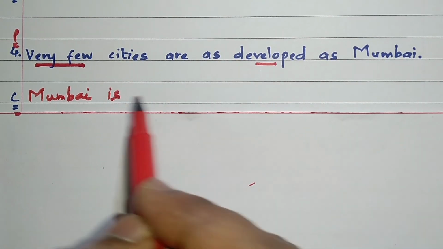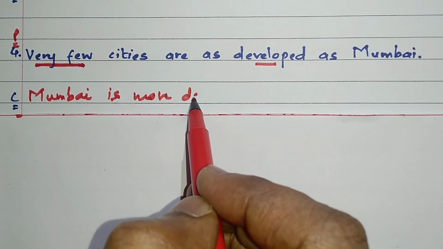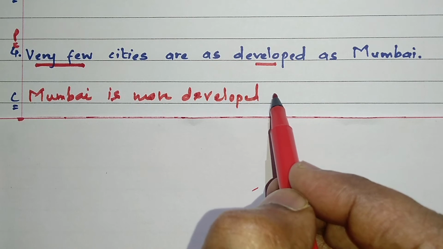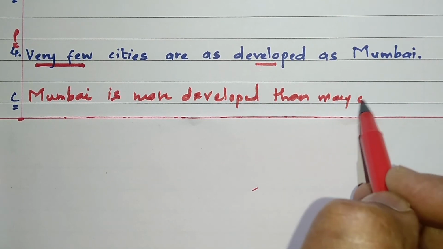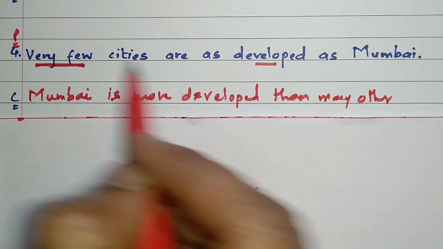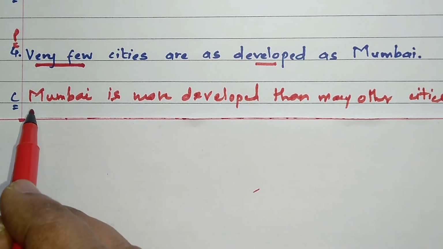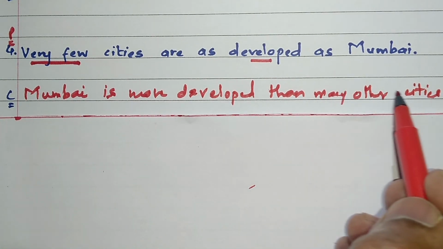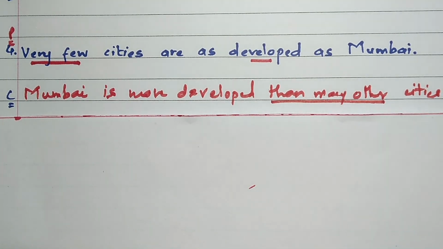Comparative degree will be more developed. More developed. And then we have to use than many other. And the noun cities. So our comparative degree is Mumbai is more developed than many other cities. Look at this, than many other. We have used this in our comparative degree.